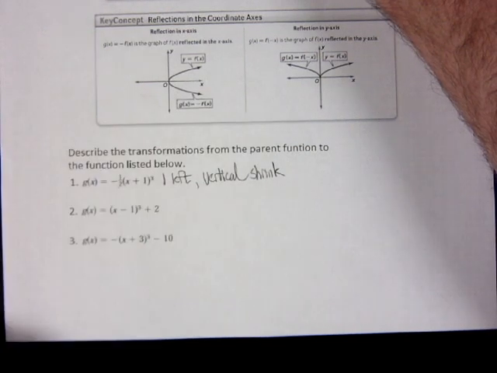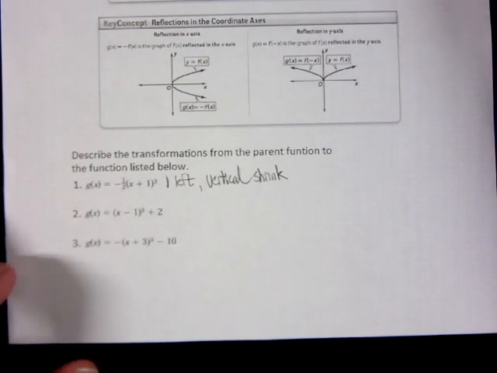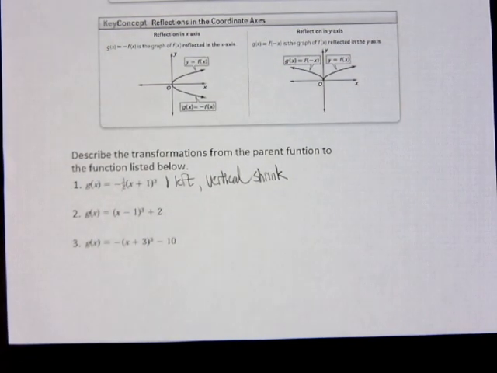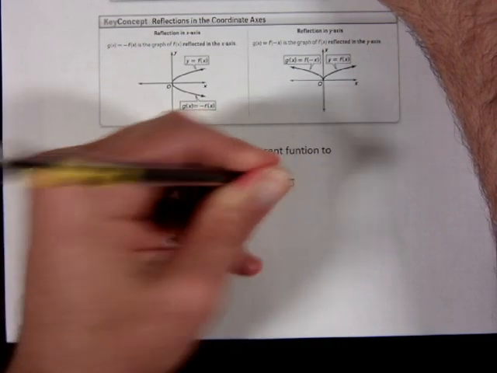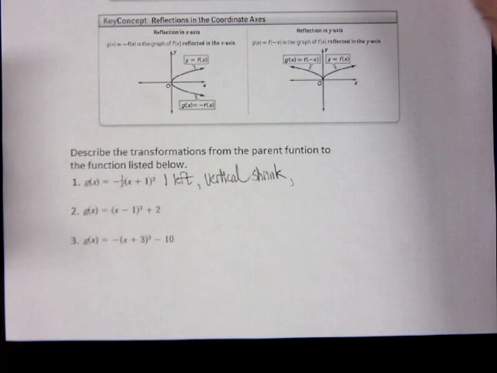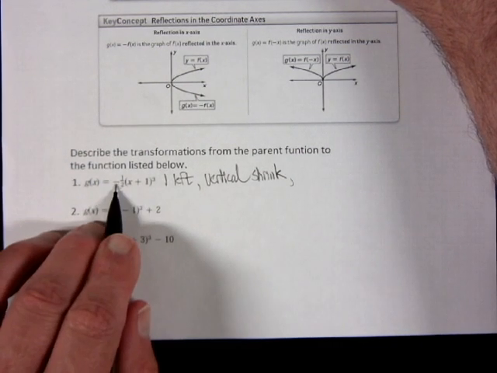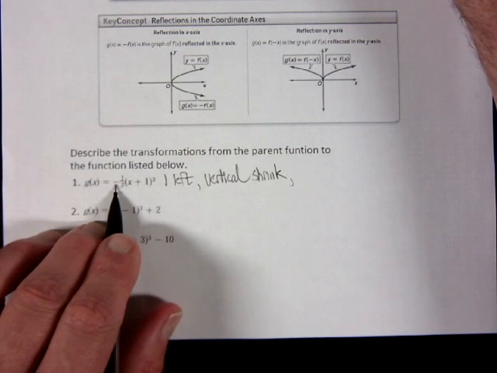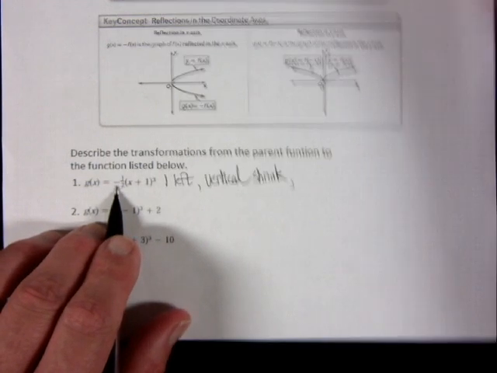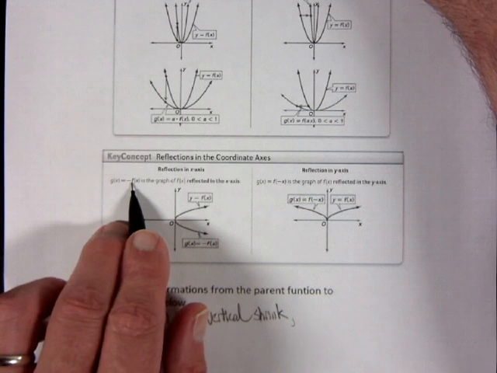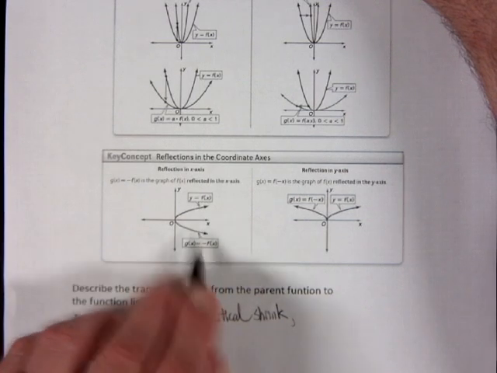Sometimes you'd be asked to actually list out the factor of the vertical shrink, by 1/2. I'm just asking you to write that it's a vertical shrink, is all we're doing in this lesson. All right, now there's one more movement that's happening here, and that's because of this negative. Remember, this negative is going to cause a reflection. And if you go back to your notes, that negative will cause a reflection in the x-axis.